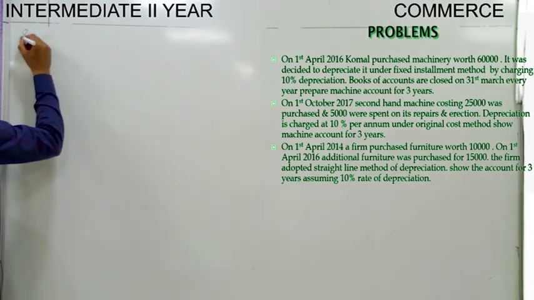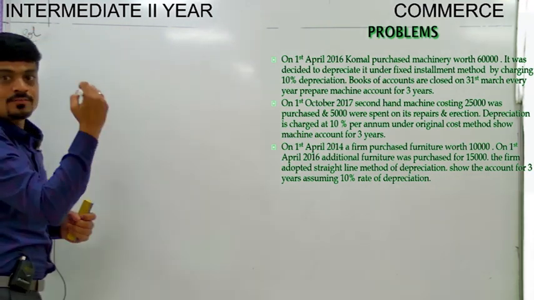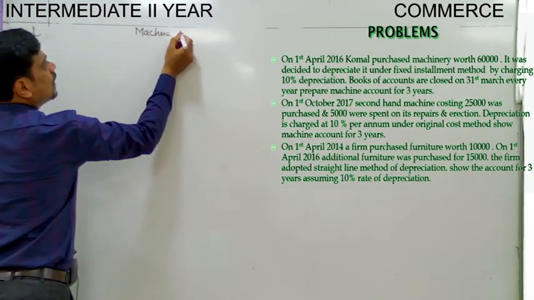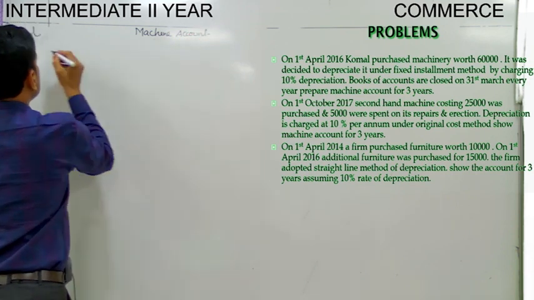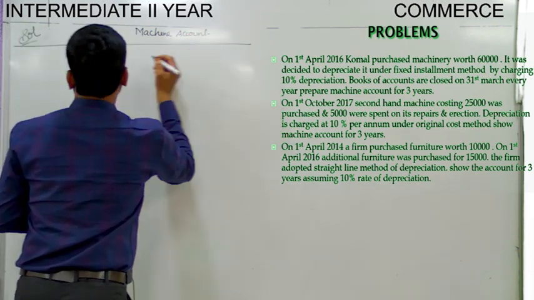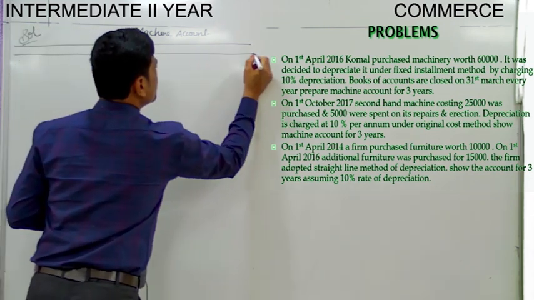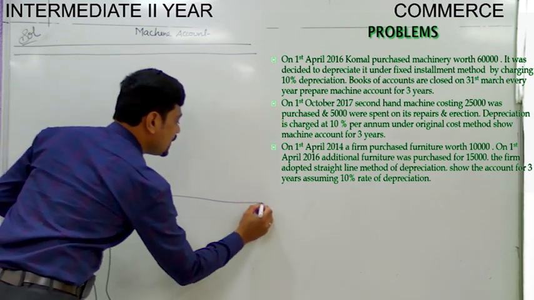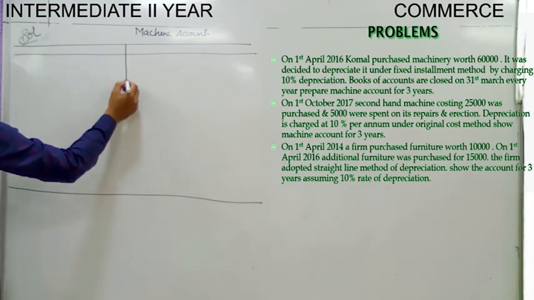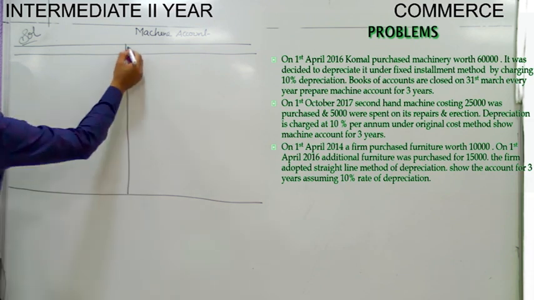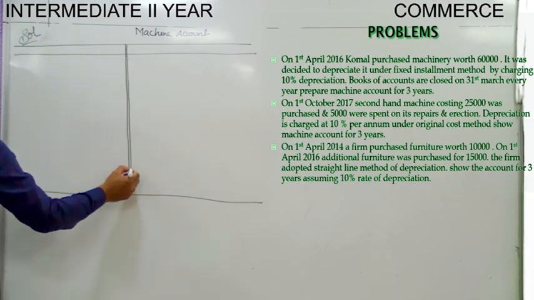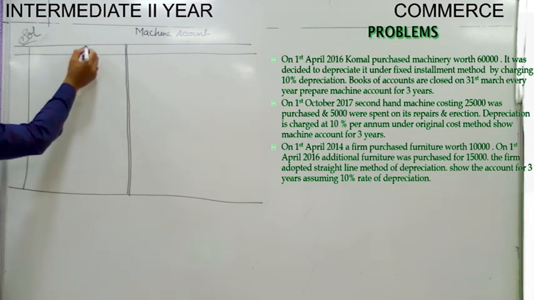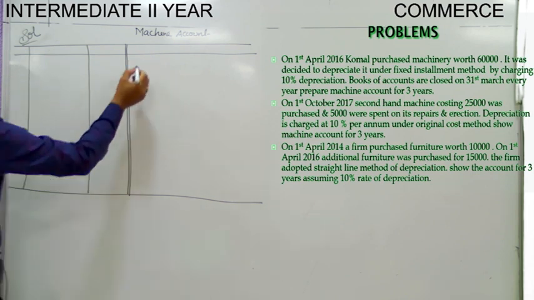So here, again, solution. What is the name of the asset? We have bought a machine, so it is the machine account, and drawing the account will follow the same principle. Don't get deviated from the principle. They told 3 years, so half a page will be sufficient. Fold the page, keep the scale and draw the vertical line, so it takes the shape of an account. Now give the columns: date column, particulars column, amount column.